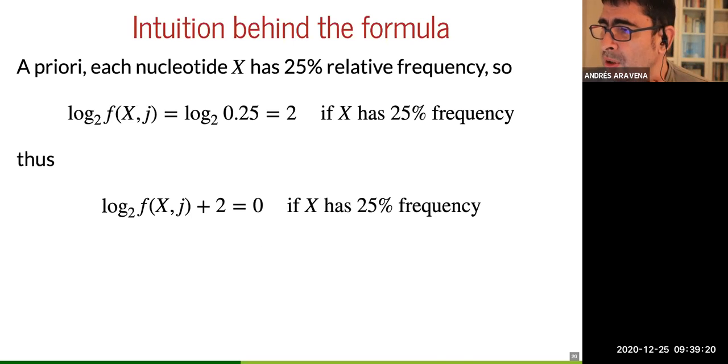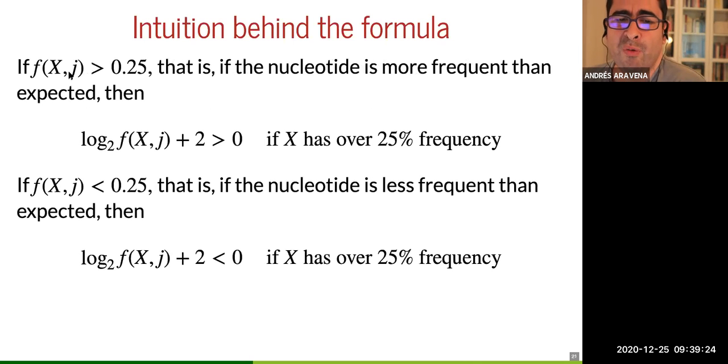So why do we care? The basic point is this. If the frequency is more than 25%, in other words, the nucleotide is more frequent than you can expect just by random, then the logarithm +2 is positive. If the nucleotide frequency is less than 1/4, in other words, if the nucleotide appears less often than you would expect by random, then this number is negative.